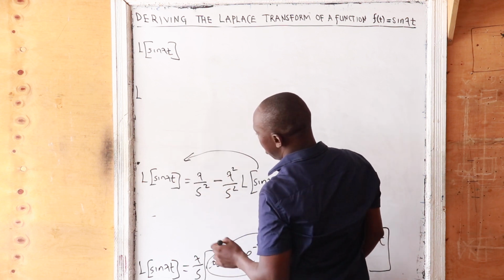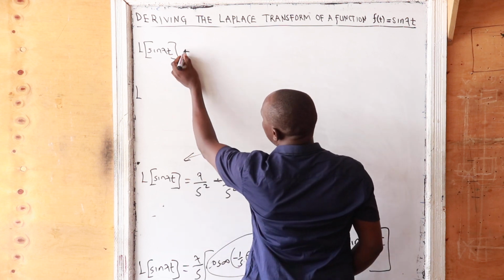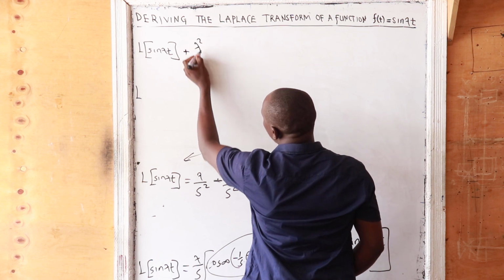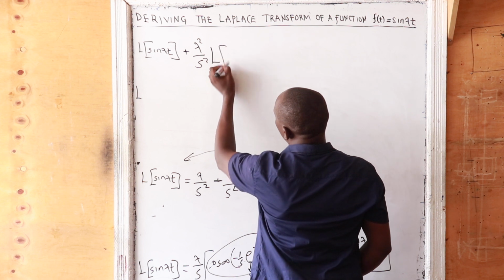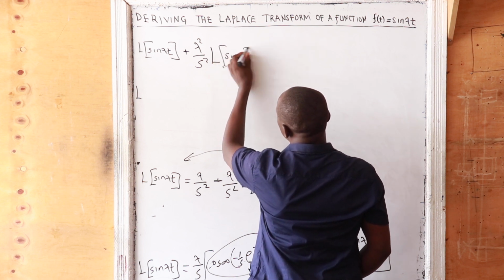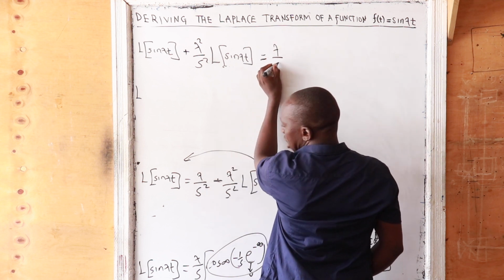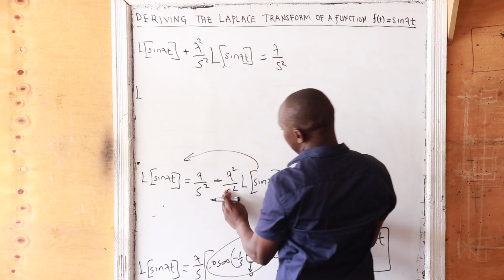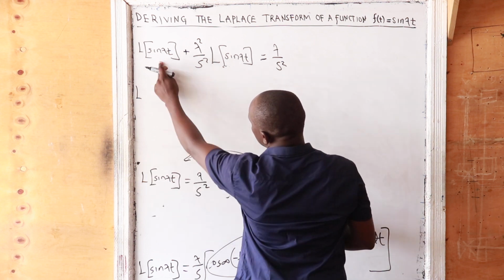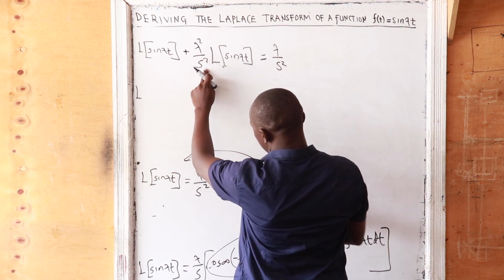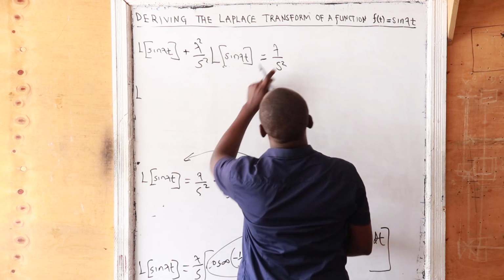So we have plus lambda squared over s squared, the Laplace transform of sine lambda t, to be equal to lambda over s squared. We have taken this to the other side so that it becomes the Laplace transform of sine lambda t plus lambda squared over s squared, the Laplace transform of sine lambda t, equal to this here, you can see.